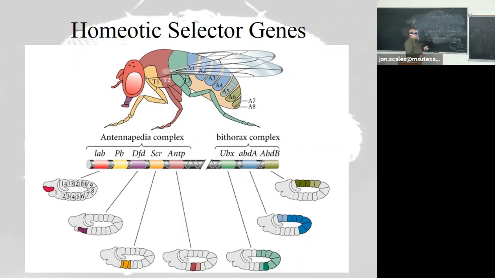So pedia means leg. This mutation is named for the effect, which is when this gene is mutated, some of the mouth part segments turn into what look like legs. So the mouth segment turns into a leg instead of a mouth.